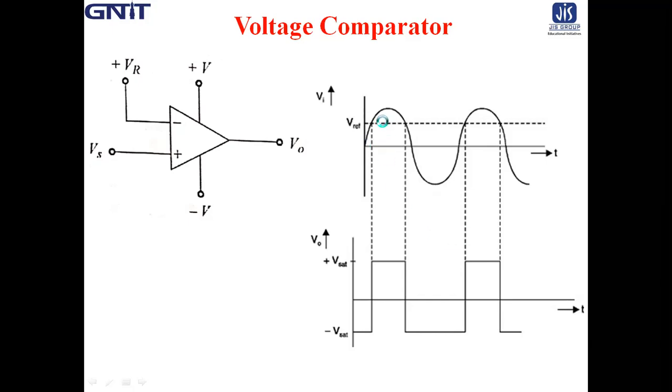See carefully. When Vs exceeds Vr, that is the reference voltage, see, this is the reference voltage. When Vs, that is the input voltage, exceeds the reference voltage, the output voltage V0 switches to plus Vsat.